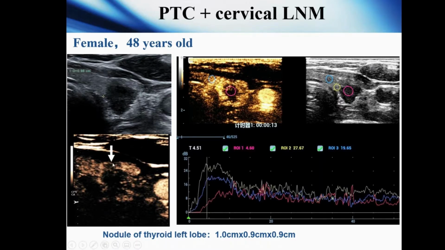The thyroid capsule on CEUS is discontinuous. The final pathology results showed PTC with cervical lymph node metastasis.